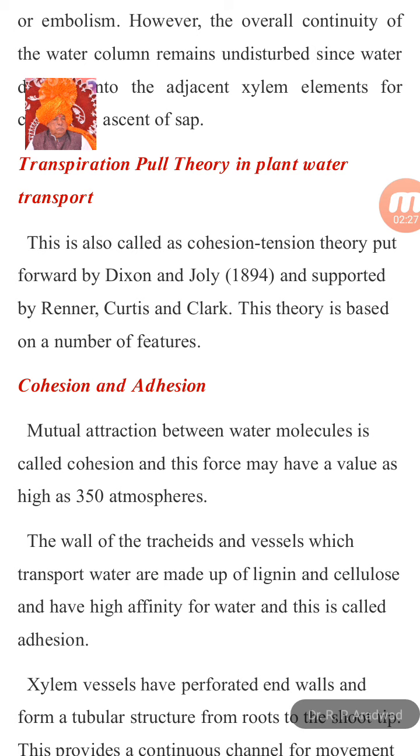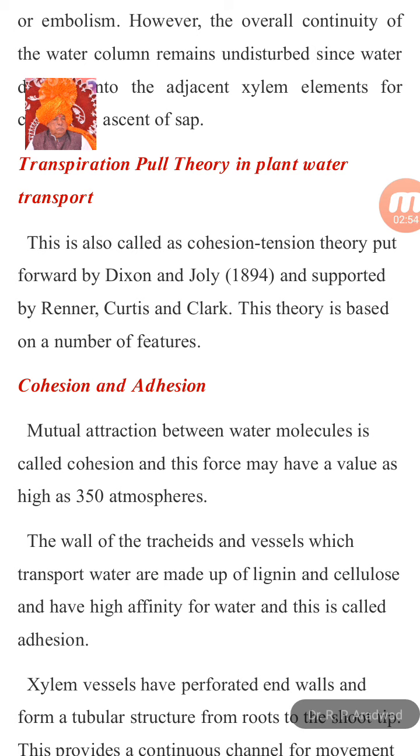In the cohesion tension theory or transpiration pull theory, some of the important properties that are useful in transport of water in the plant are cohesion and adhesion. The cohesion property of water and the adhesion property of water. What is cohesion?